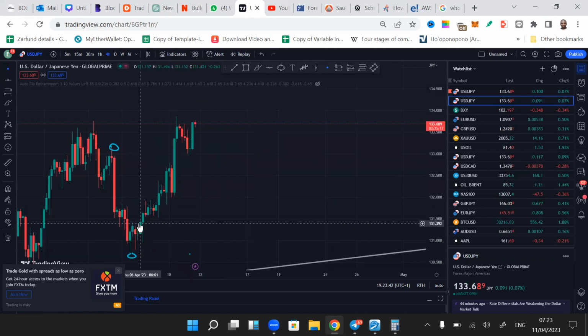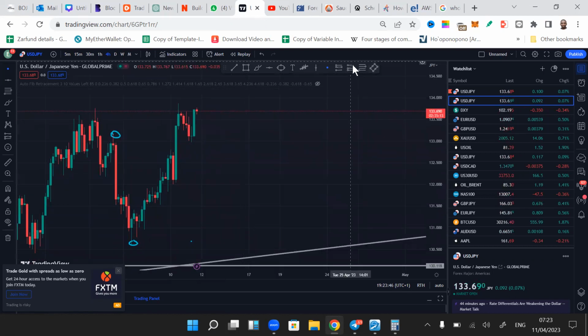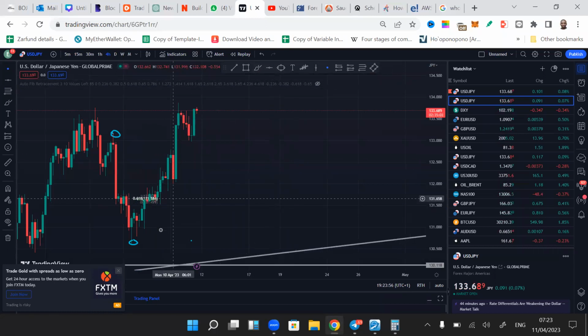We want to now use Fibonacci to get our buy entry, okay? So let's look at this. Like I said before, when there's an impulse sell and price is moving down, you are going to pick a high and a low.